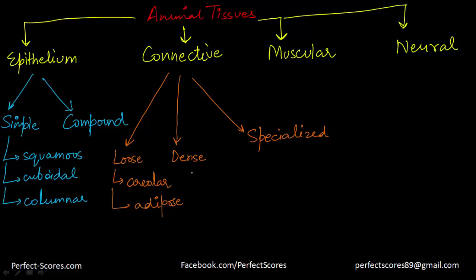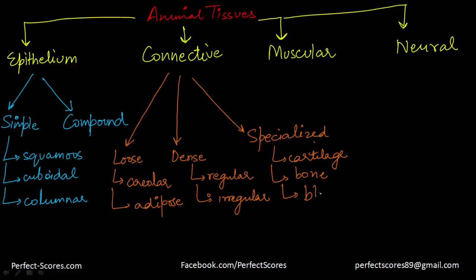Coming to the dense one, you have two types. One is regular and the other one is irregular. And coming to the specialized tissue, these are ones that have been specialized to perform specific functions: cartilage, bone, and blood. So these are the three kinds of specialized connective tissue.